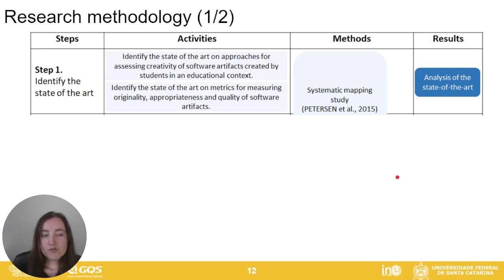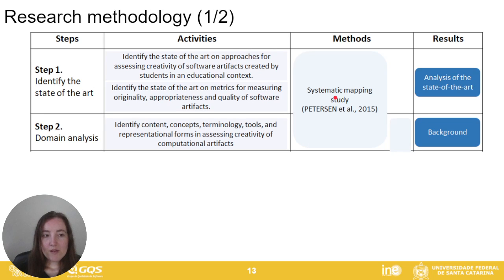The defined approach to achieve the objective of this work is divided into 7 steps. In step 1, for identifying the state of the art in practice, we perform a systematic mapping study.